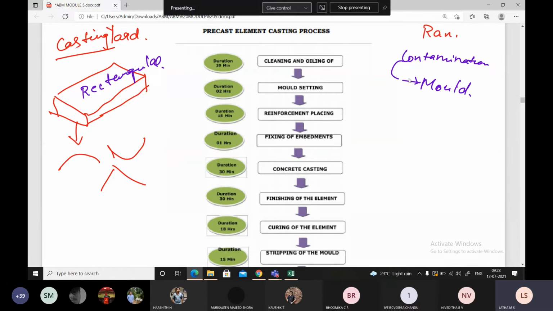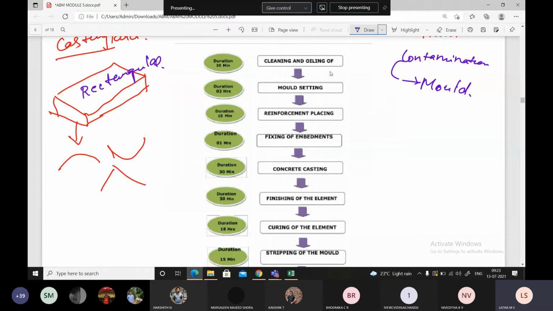So it has to be cleaned and oiled. Then mold setting: you have to assemble the mold precisely according to the dimensions. Okay, students, you have to set it according to the dimensions.